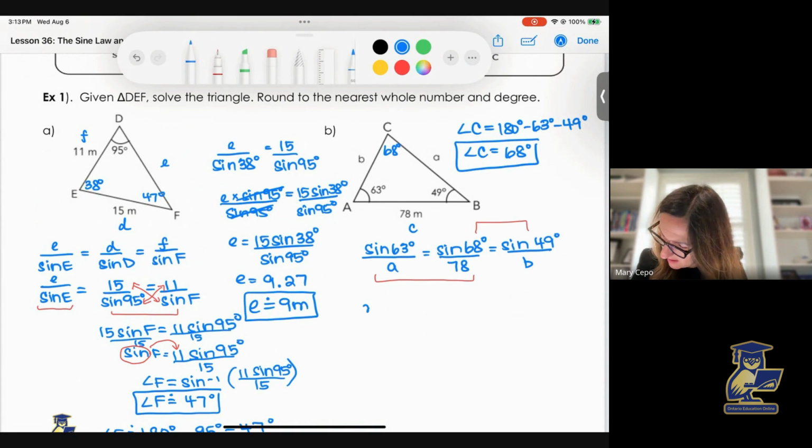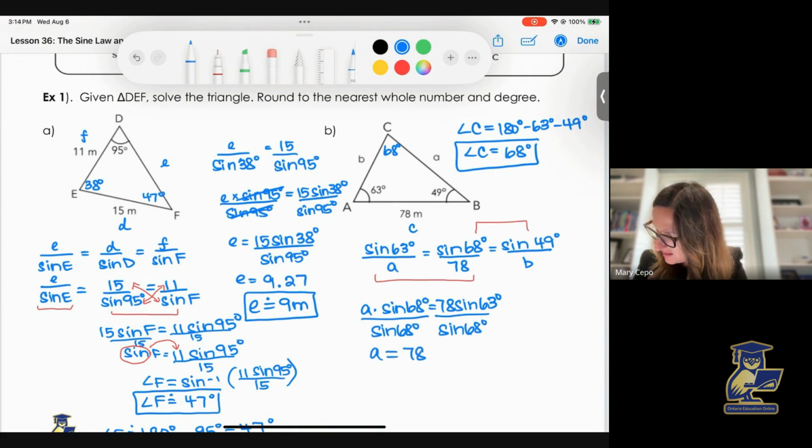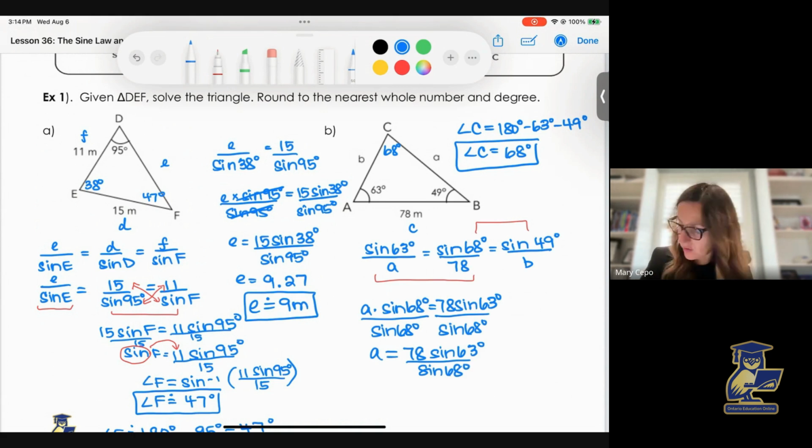So this would be A times sine of 68 degrees is equal to 78 times sine of 63 degrees. We need A by itself. A is going to equal 78 times sine of 63 degrees all over sine of 68 degrees. So again, as I was mentioning with the earlier problem, treat the numerator and the denominator separately, and putting brackets will help avoid any calculation errors.